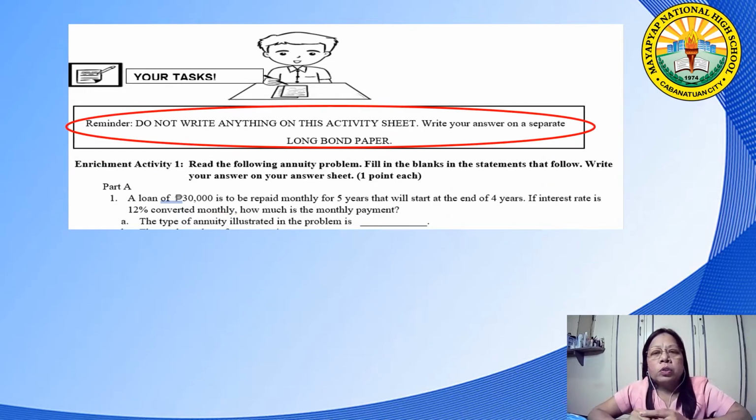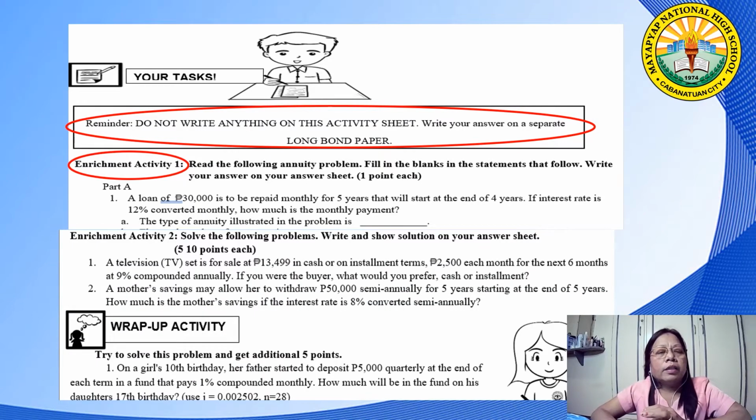Write your answer on a separate long bond paper. For enrichment activity 1, read the following annuity problem. Fill in the blanks in the statement that follows. Then for enrichment activity 2, solve the following problems. Write and show your solution on your answer sheet. And for the wrap-up activity, you are also required to answer this so that you can get bonus points that will be added to your score in the enrichment activity.